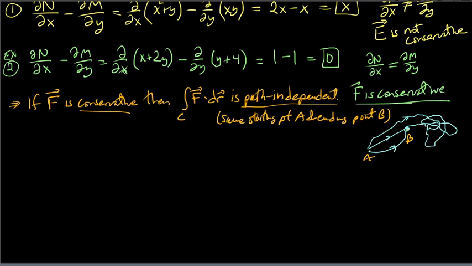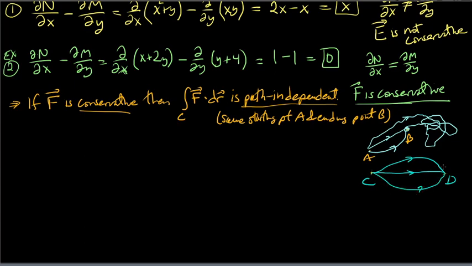But if you take a different starting point and ending point, say from here to here, well, you won't get the same answer. You will get the same answer if you take a different path from the same starting point to the same ending point. So I'll call this point C and point D. At that point, it won't matter how you get there.